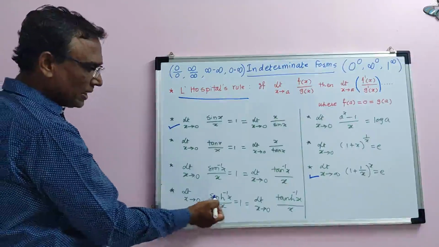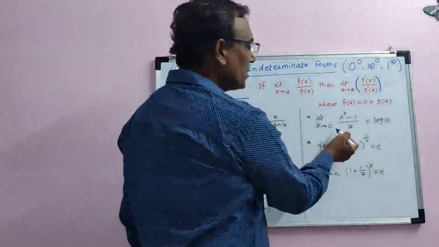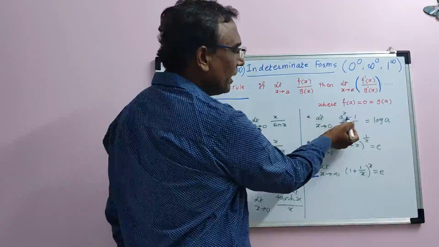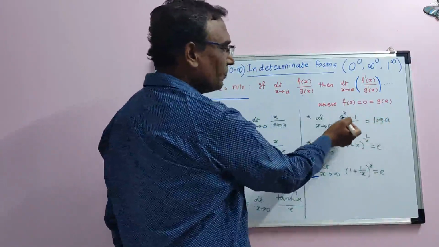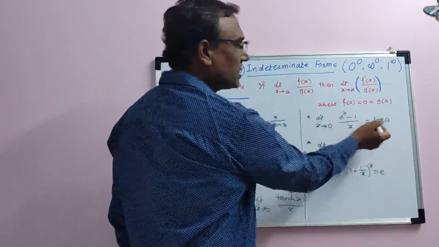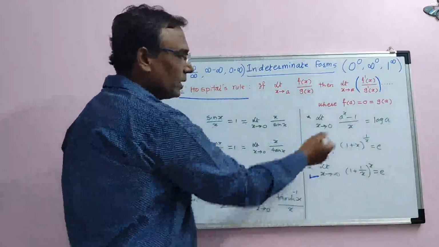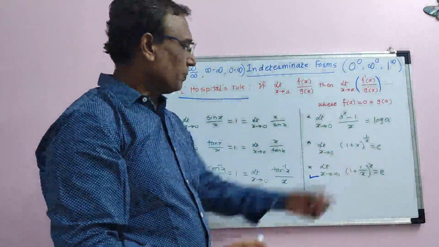Limit x tends to 0, sinh inverse of ax by x equals 1. If a is replaced by 2, limit x tends to 0, 2 raised to power x minus 1 by x is log 2. Limit x tends to 0, 3 raised to x minus 1 by x equals log 3, and so on. In this way, you can have changes here when you solve the problem.